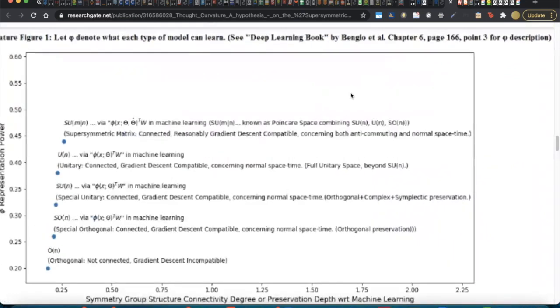When we say normal space-time in physics, we know normal space-time is separate from fundamental physics. Right now, physicists are trying to find a way to unify classical physics and quantum mechanics, because right now it's not unified.